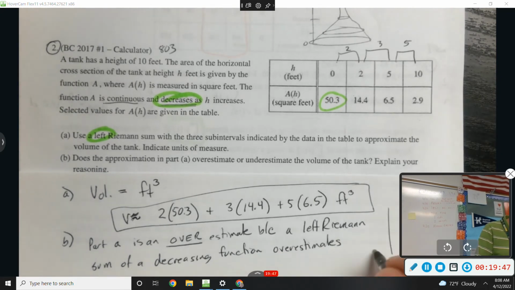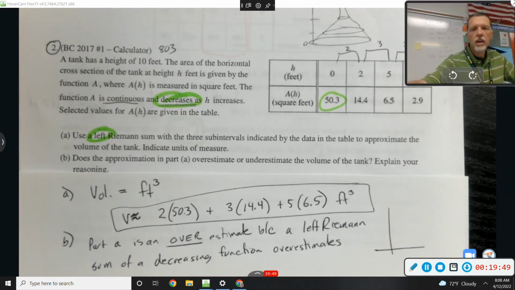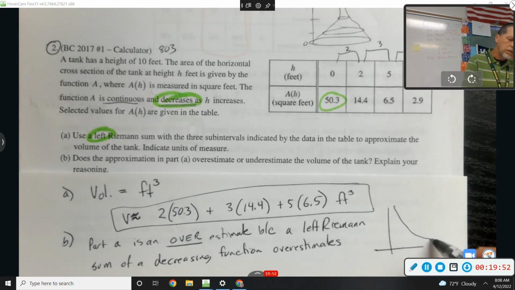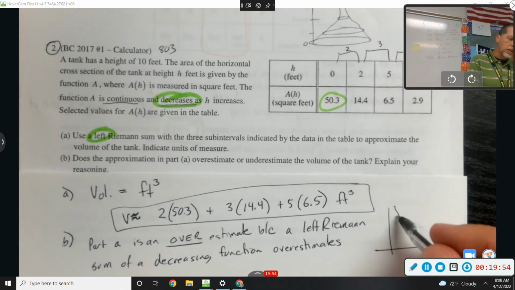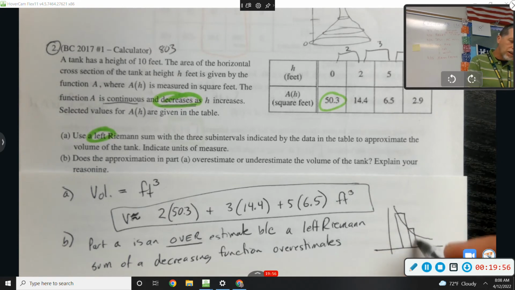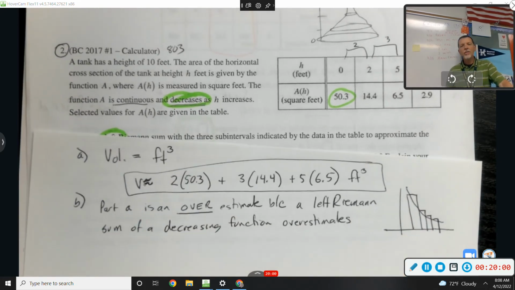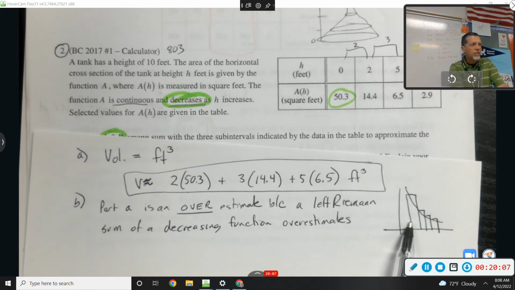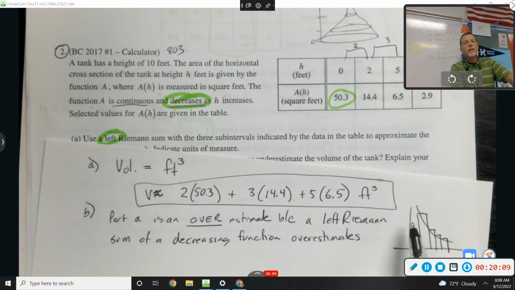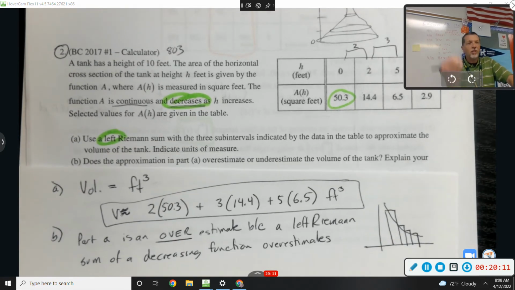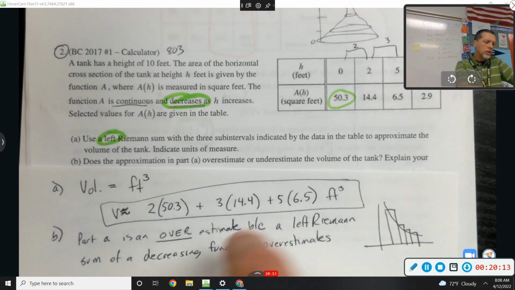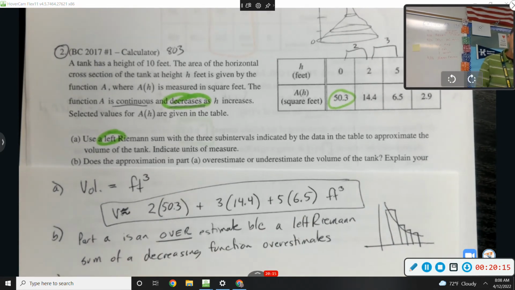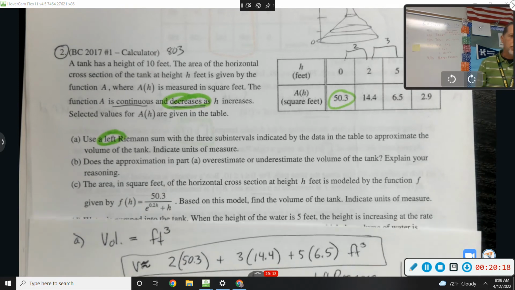Maybe a better picture would have been, I don't know exactly what this looks like, but if we keep using the left-hand value, then we keep getting rectangles that are outside or above the actual graph. A picture won't serve as justification, but it might serve as a justification in your own mind, and then hopefully you could put that in words to get the point for the test.